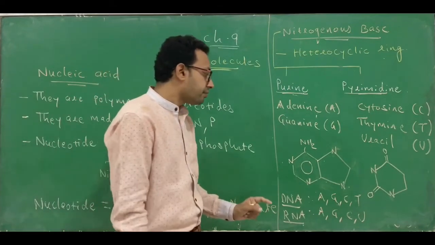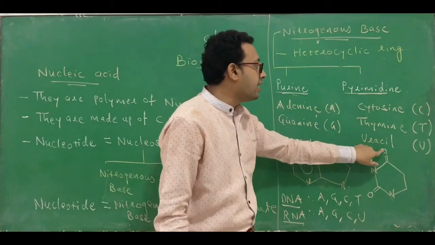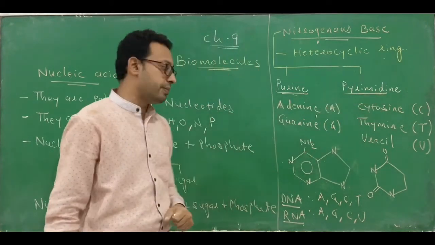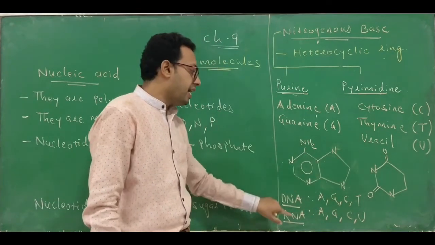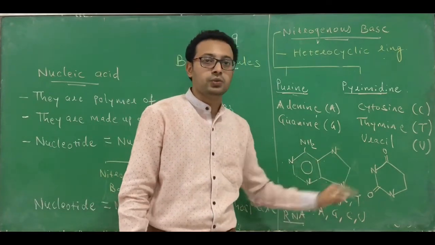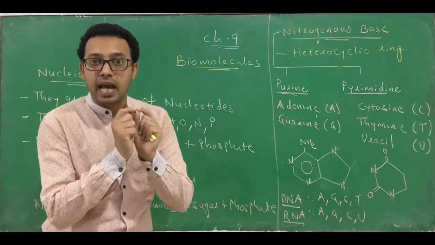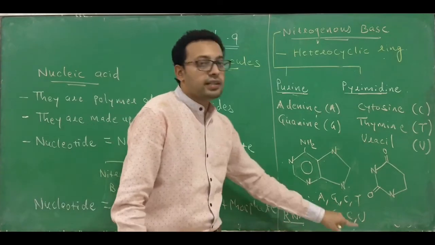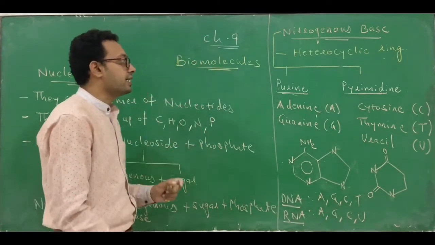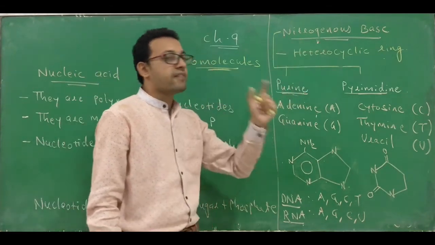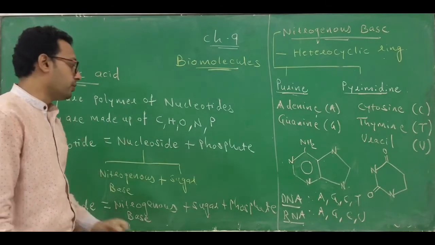So in short, adenine and guanine are the purines, and cytosine, thymine and uracil are the pyrimidine nitrogenous bases. DNA contains A, G, C, T and RNA contains A, G, C, U. In DNA, uracil is absent. In RNA, thymine is absent. Clear?